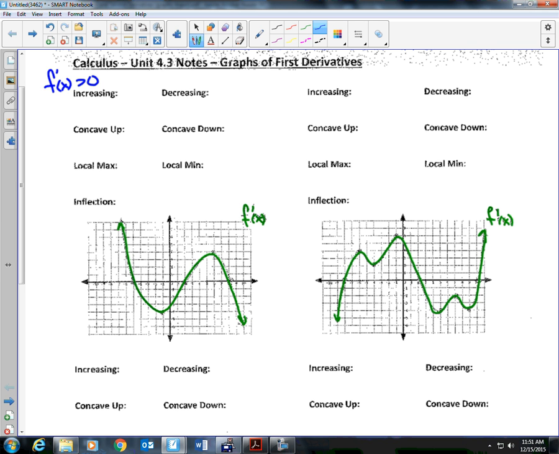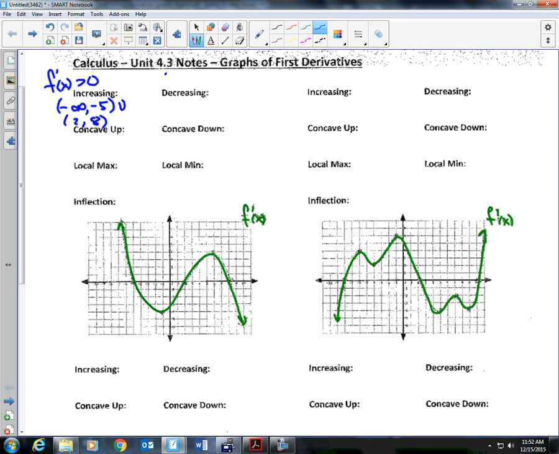I am looking at the graph of f prime of x. Where is this graph greater than 0? Wherever it's above the x-axis. So from negative infinity to negative 5, union with 2 to 8.